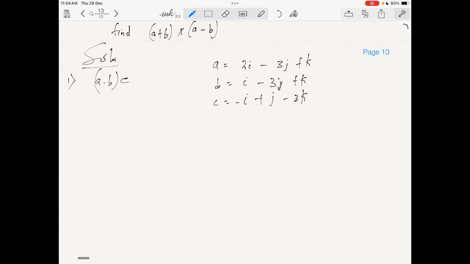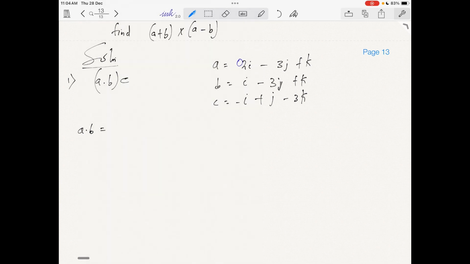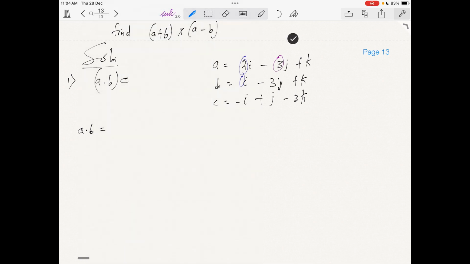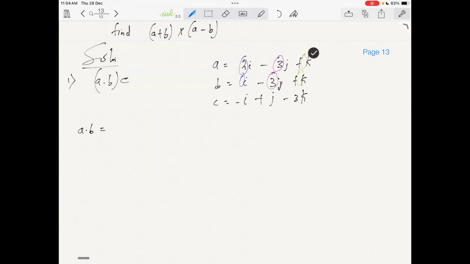So let's evaluate a dot b. A dot b will be multiplying the coefficient of i by the coefficient of i, and so on: multiply 2 by 1, multiply minus 3 by minus 3, and multiply 1 by 1. This is very important.